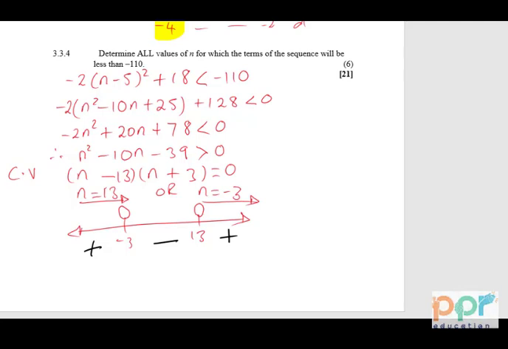So it means our expression is positive. When it says the expression is greater than 0, positive on this side and positive on that side. Now that we have drawn the number line, we write for n. Our n must be small, on the negative numbers side, n must be less than negative 3, or n on the positive numbers must be big, greater than 13. Now we ask what the question was: determine all the values of n for which the terms of the sequence will be less than negative 110.